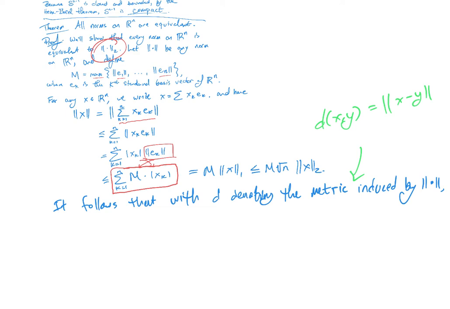Now, what can we say about this? Well, the distance between x and y in that metric is less than or equal to M times the square root of n times the distance between x and y in the 2 norm.